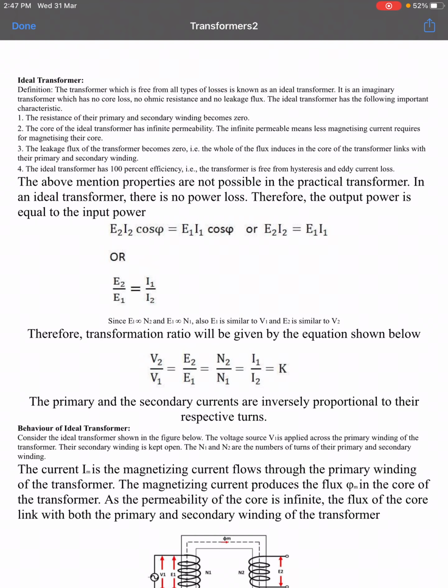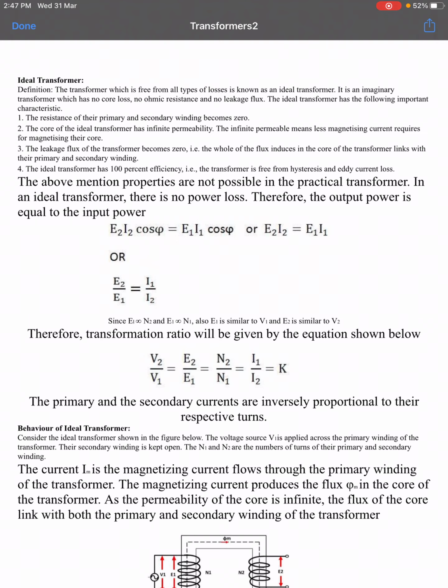The leakage flux of the transformer becomes 0. We don't have any leakage flux in the ideal case. That is, the whole of the flux induced in the core of the transformer links with both the primary and secondary winding. So the ideal transformer has 100% efficiency.